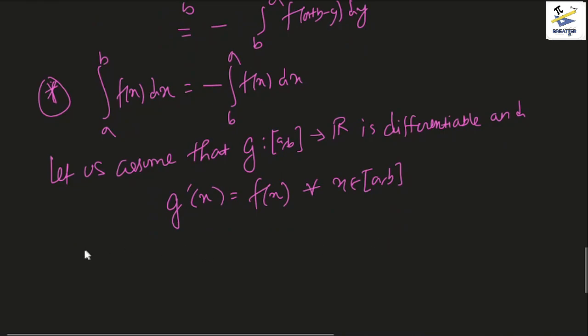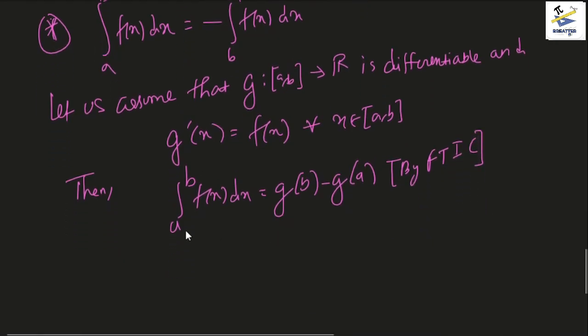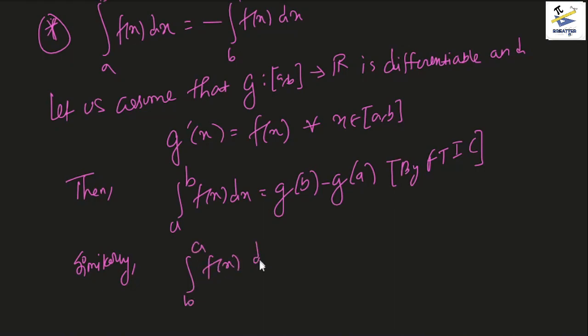Then the integral from a to b of f of x dx should equal g of b minus g of a, right? Why? Because of the fundamental theorem of integral calculus, FTIC. And similarly the integral from b to a of f x dx should equal g of a minus g of b, right?